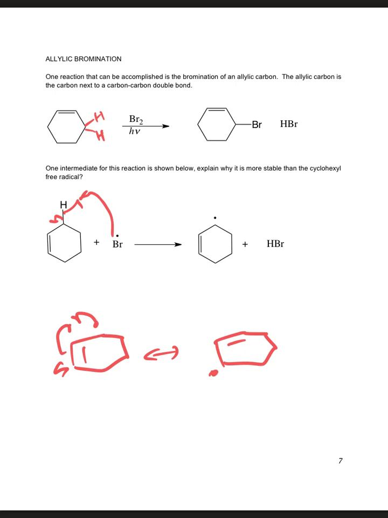So that allylic radical is much more stable, and allylic is spelled that way. That radical is the one that's going to form, because in all of these reactions we're going to form the most stable intermediate possible.